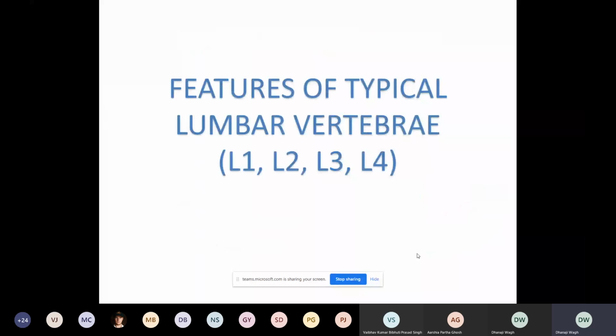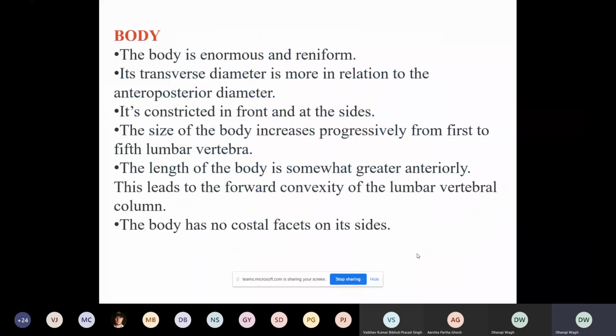Repeating these points: the body of the vertebra is massive and reniform. The transverse diameter is more than the anteroposterior diameter. It is constricted in front and at the sides. The size of the body increases progressively from the first lumbar vertebra to the fifth lumbar vertebra.